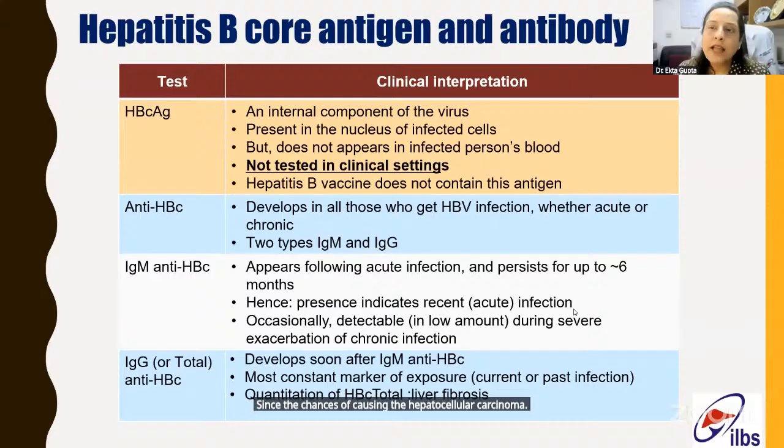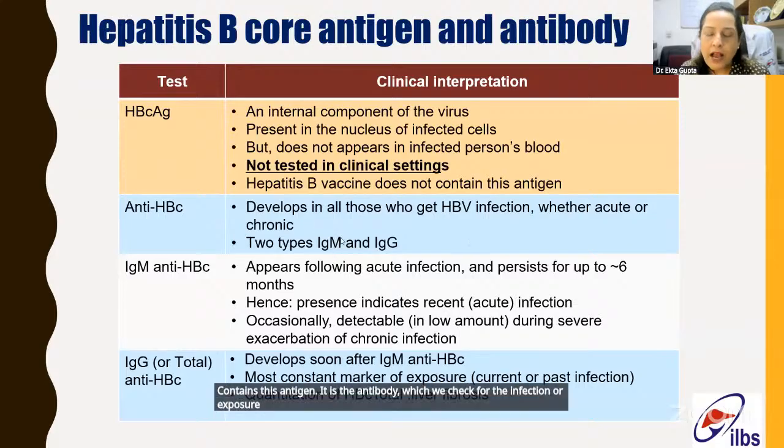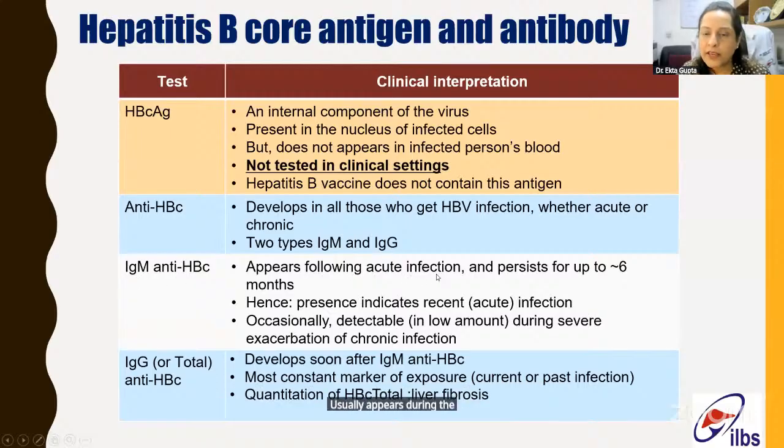Core antigen and antigen appears... contains this antigen. It is the antibody which we check for the infection or exposure. IgM is the first type, followed by IgG. So IgM usually appears during the exposure and disappears.